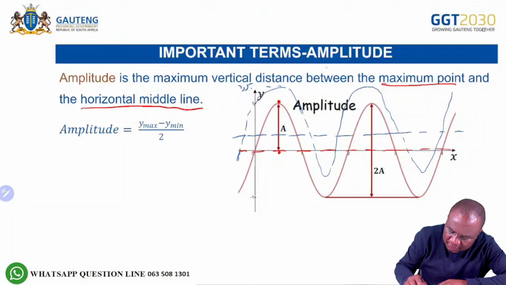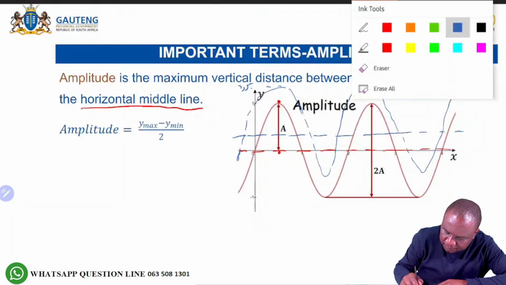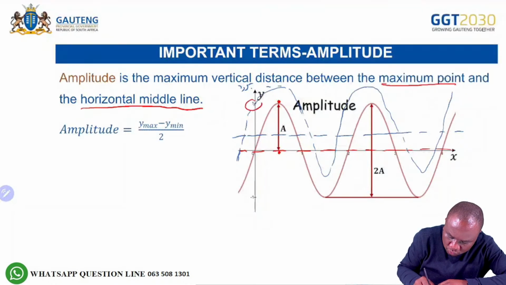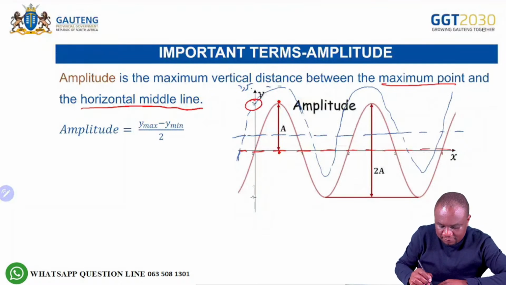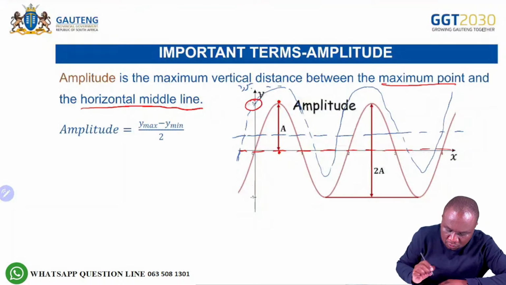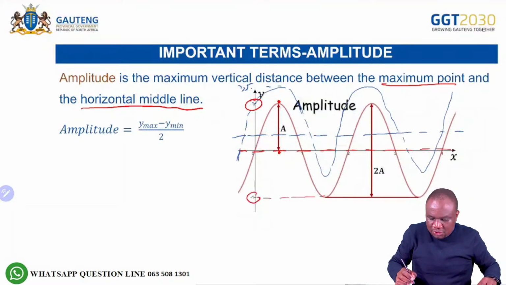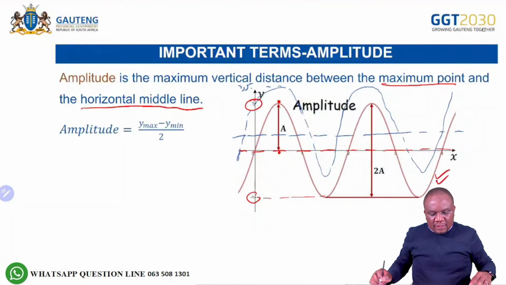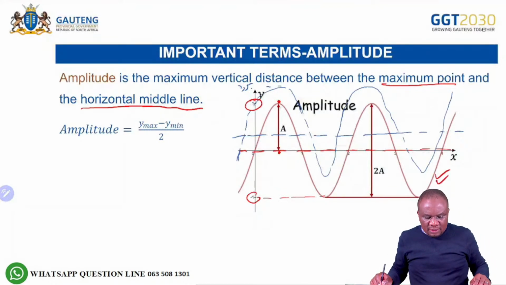Your y maximum is 1 for the original graph, not the one that I just drew now. Your y maximum is positive 1, and then your y minimum is negative 1. Can you find the amplitude of this graph? Can you try to do that in 1 minute? Let's try.